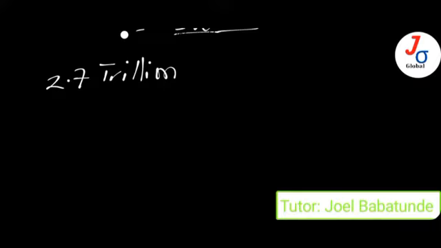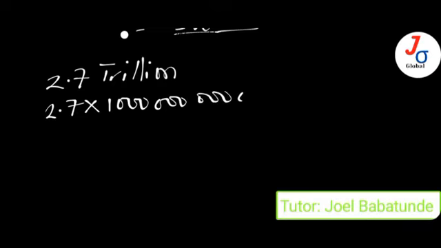All right, so that's going to be 2.7 multiplied by 1 trillion. Trillion is 12 zeros: 3, 6, 9, 12. So how do you write this as a fraction? I'm going to write this as 27 divided by 10, and that's multiplied by 1 trillion.